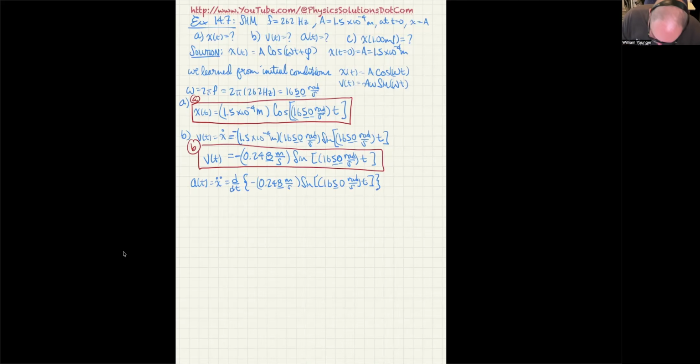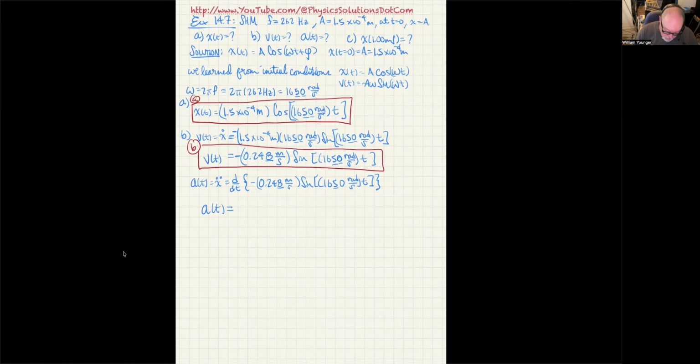So now when I get that, I'm going to have a of t is equal to, now in this case it's negative, and the derivative of sine gives you cosine, but it's going to be negative 0.248 times 1650.